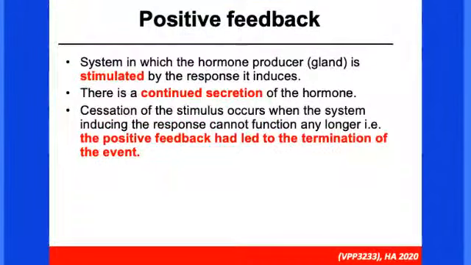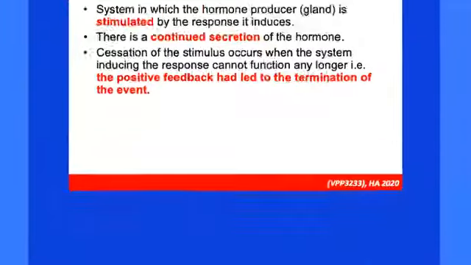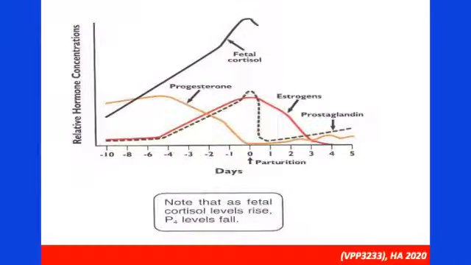However, the positive feedback mechanism is to make sure the process continues. We cannot stop it, inhibit it, or decrease the level or production. We have to make sure the process is continuous. For example, in parturition, you can refer to my lecture notes under parturition in the reproductive system.